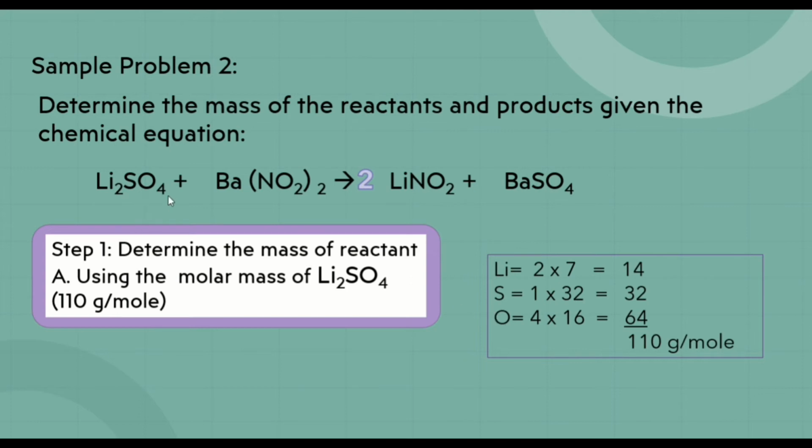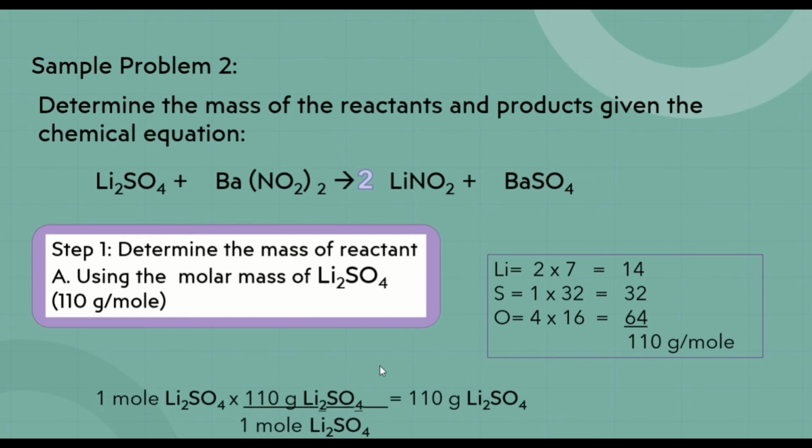And then oxygen, that is 4. Then you refer to the periodic table, look for the atomic weight of these elements. Okay? So the atomic weight for lithium is 7, sulfur 32, oxygen 16. 2 times 7, 14. 1 times 32, 32. 4 times 16, 64. Then add it all. That's why we have 110 grams per mole.